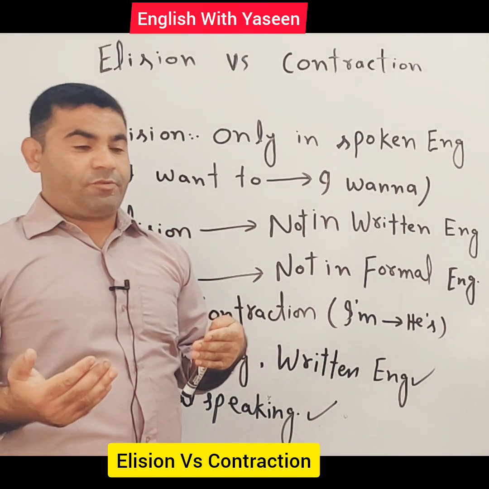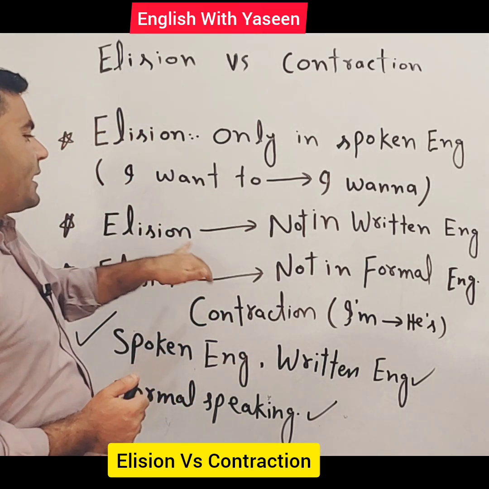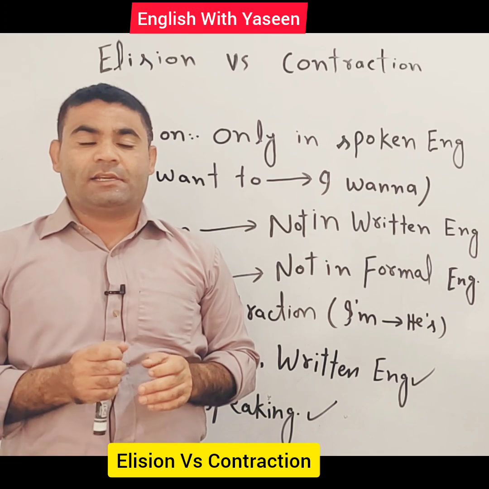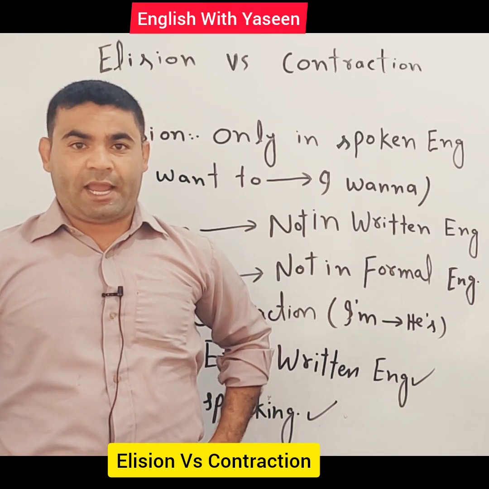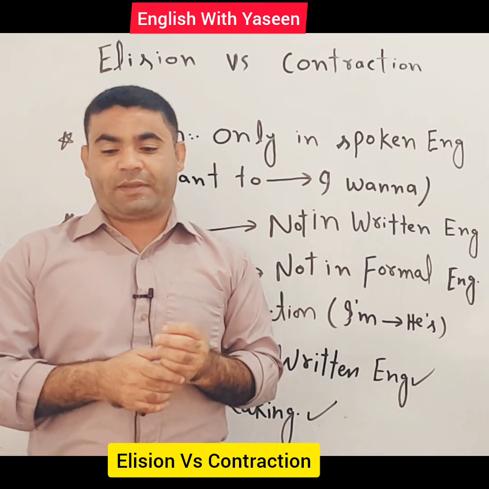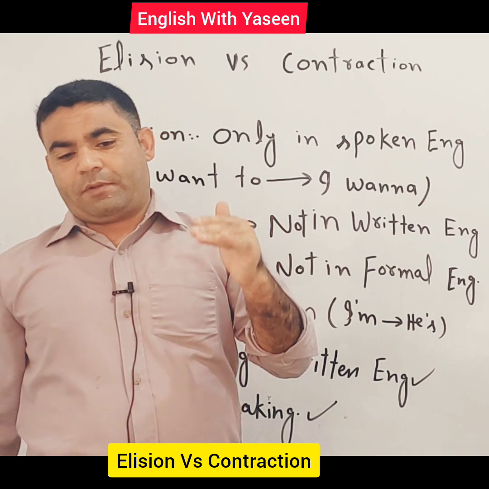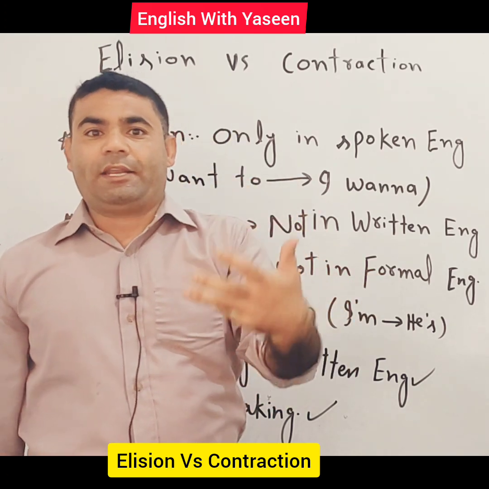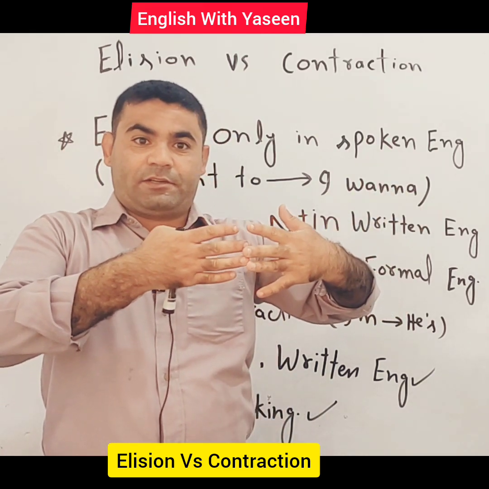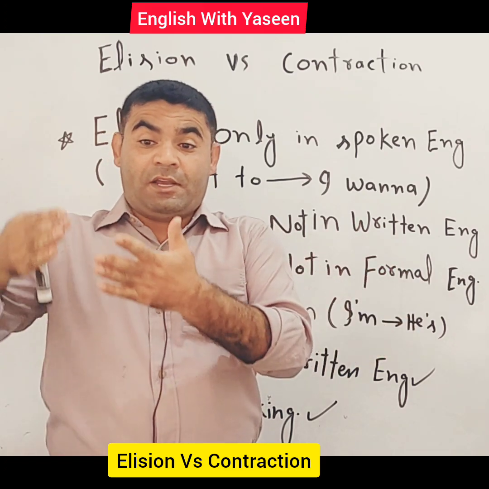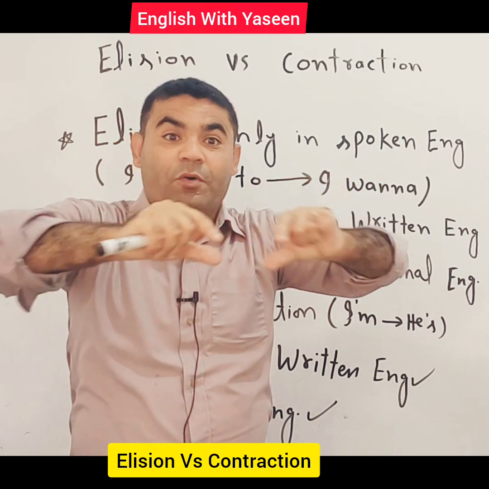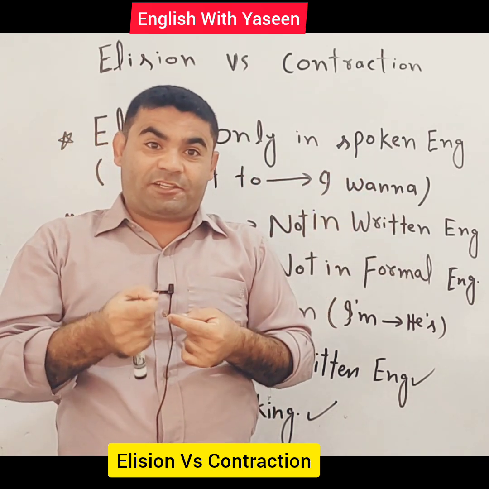Elision cannot be practiced in formal English. For example, the President of the United States delivering a speech uses the whole forms. I'm teaching, and I know that my viewers are learning English, so I can't speak very fast English. I can't practice elision a lot. I'll have to pause, slow down, and use the whole form because my viewers are just learning English.